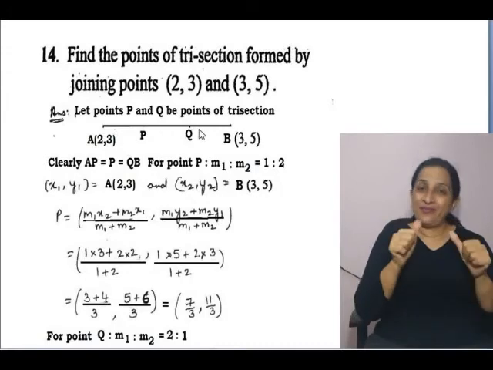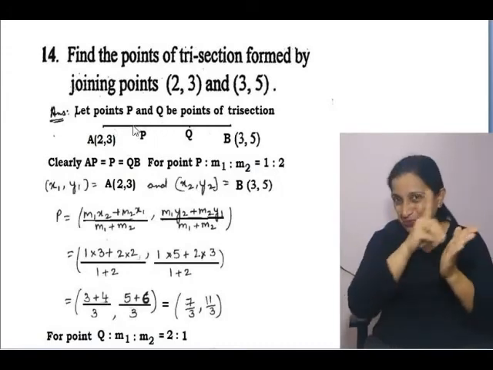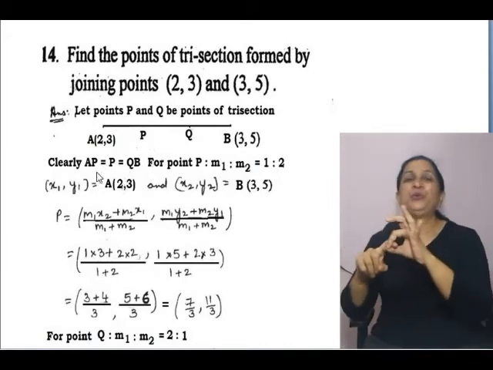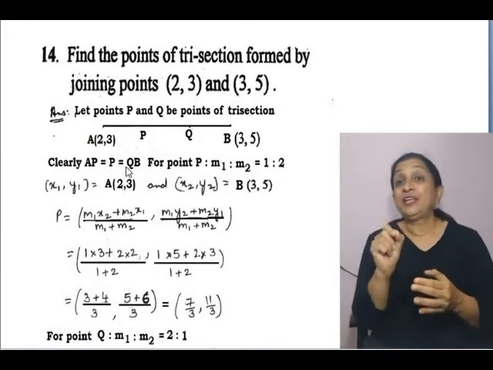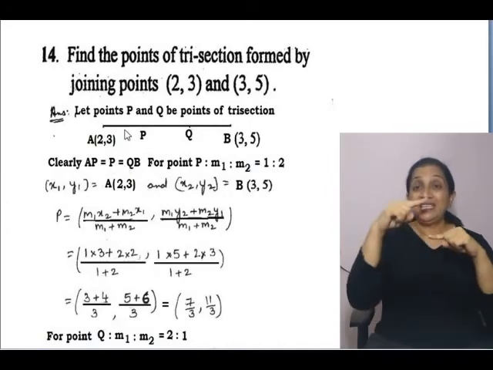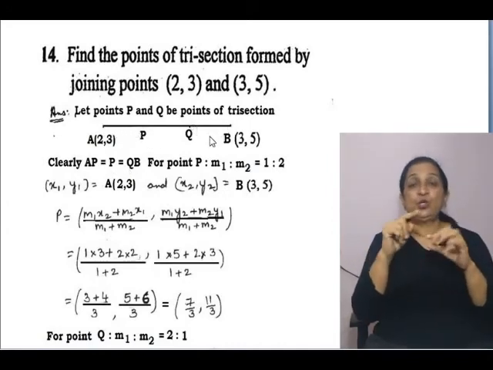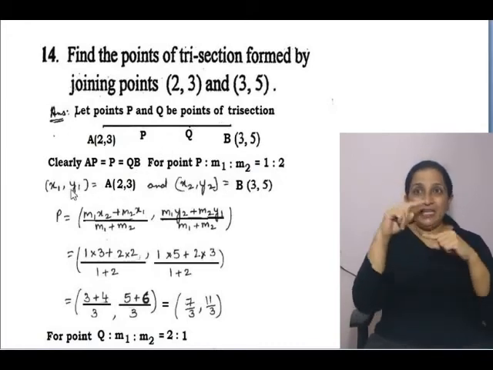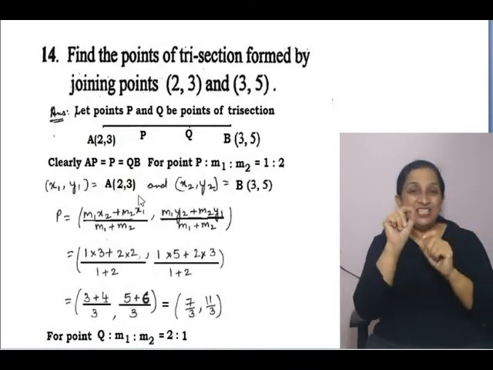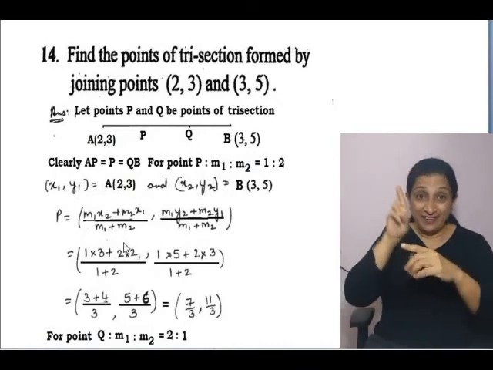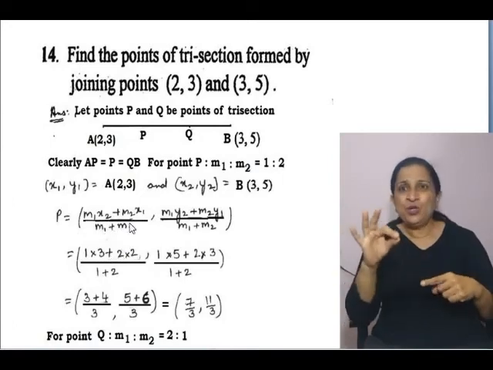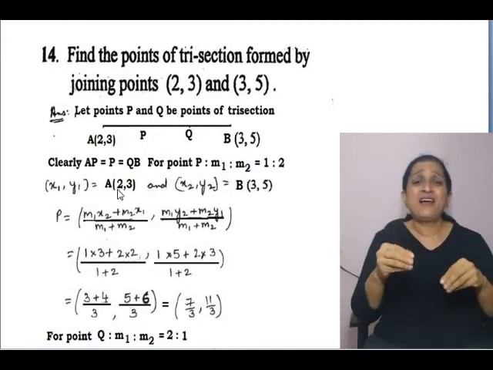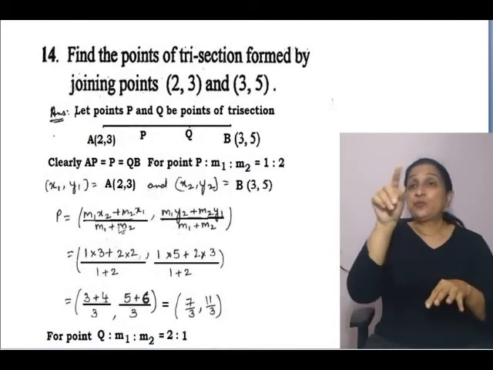will be divided into 3 parts by joining, okay, and then they have said that AP is equal to QB, they are equal, when it is trisection. So first you take x1, y1, x2, y2, and use this formula to replace the values of m1, m2 in both places, and then replace the values of x1, y1, x2, y2.